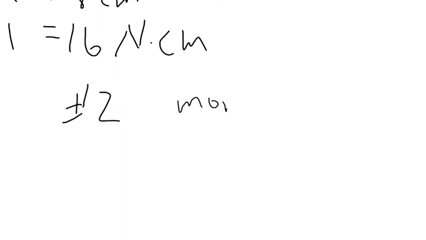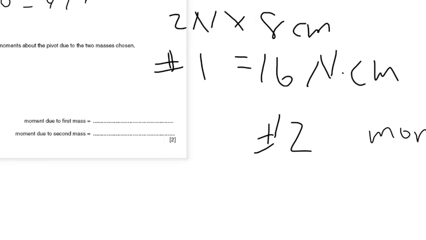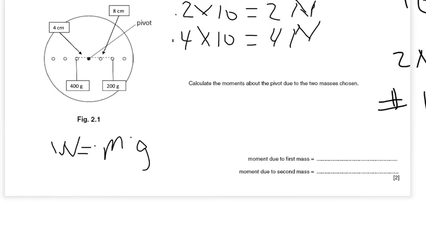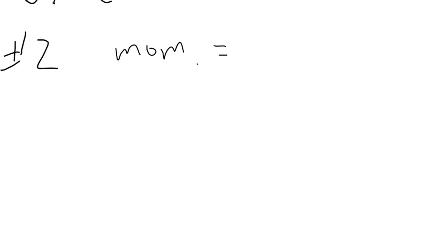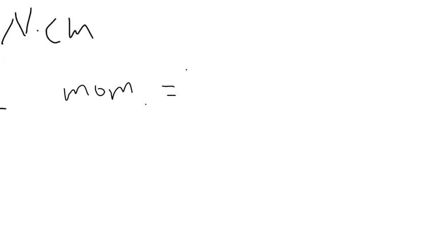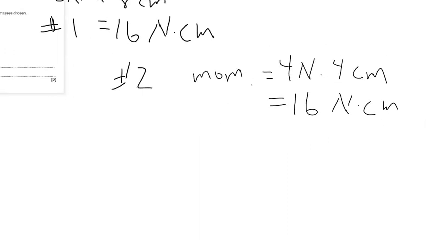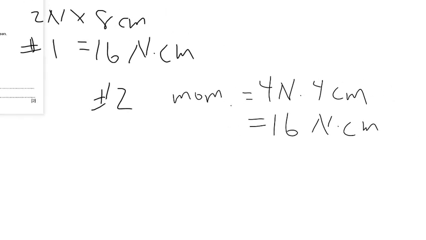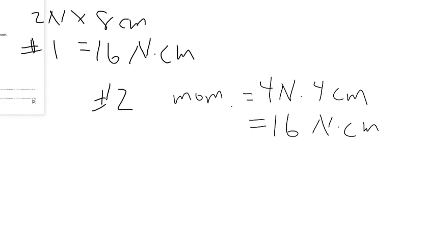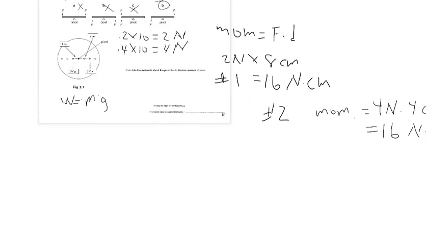Moment is equal to, and let's go back and check, we've got 4 newtons, and it's 4 centimeters away from the pivot. So 4 newtons times 4 centimeters. You'll notice that's 16 newton centimeters. How about that? It's the same. You see that? 16 newton centimeters, 16 newton centimeters. That's the same value for the moment in each case.